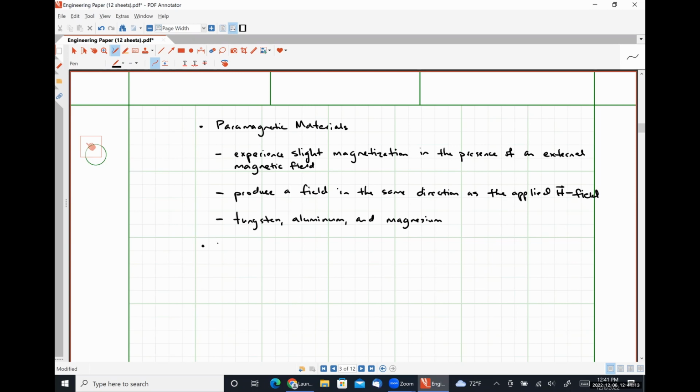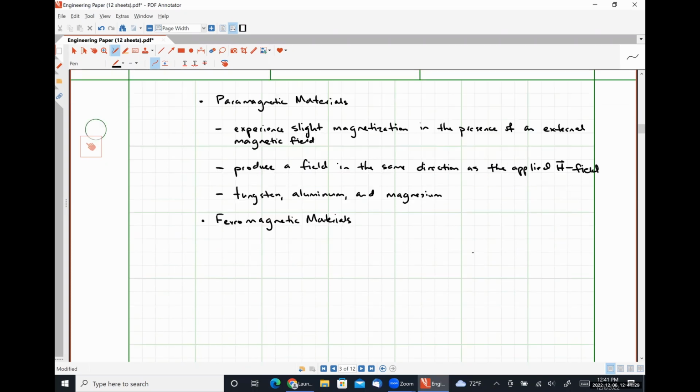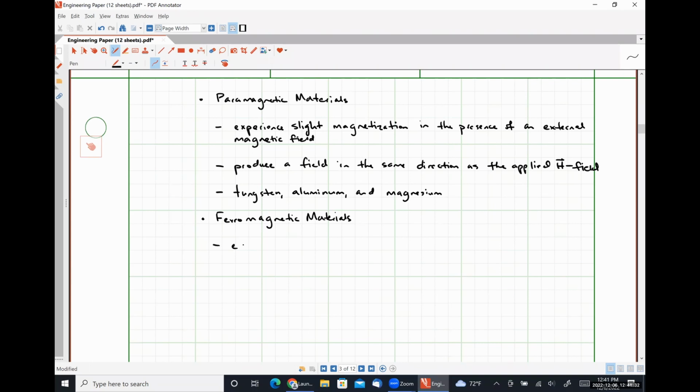And then lastly, the last thing that we're going to talk about today are ferromagnetic materials. A ferromagnetic material experiences strong magnetization in the presence of an external magnetic field.